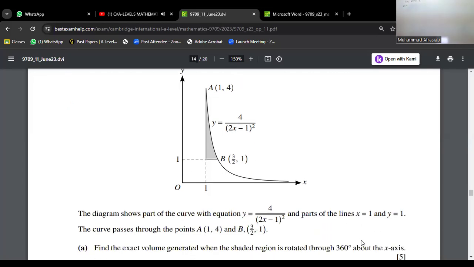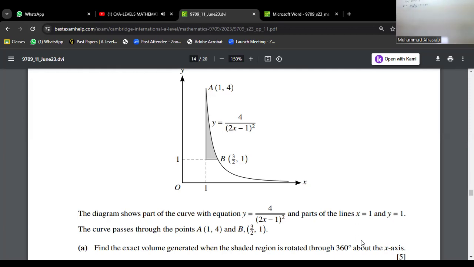The diagram shows a part of the curve with the equation y is equal to 4/(2x minus 1) whole square, and a part of the lines x is equal to 1 and y is equal to 1.